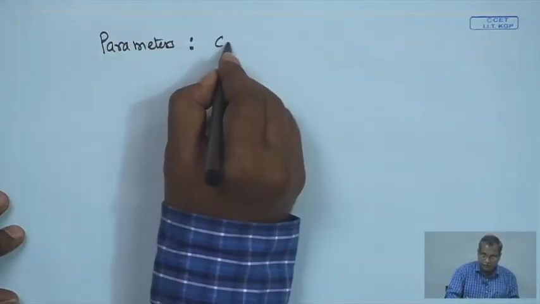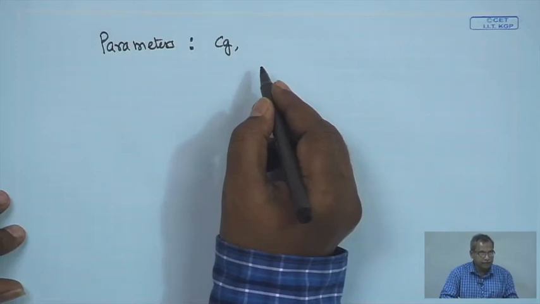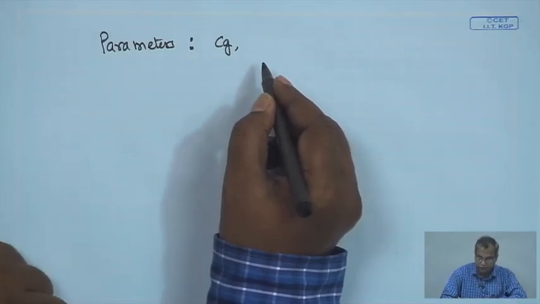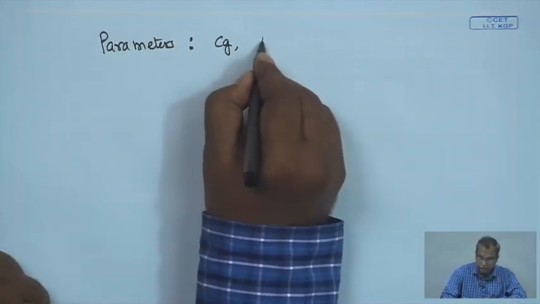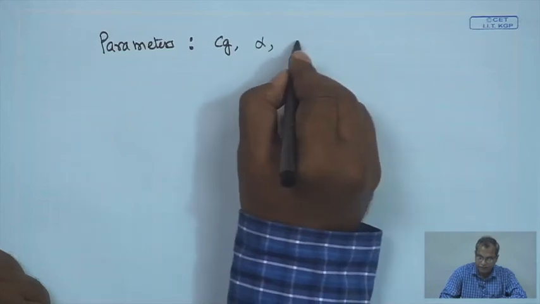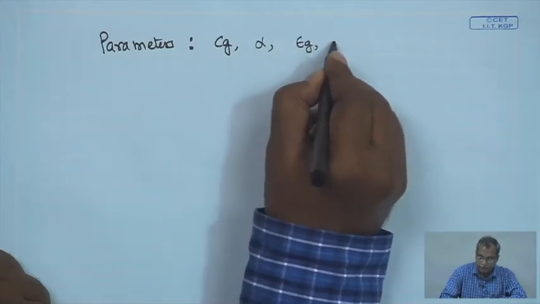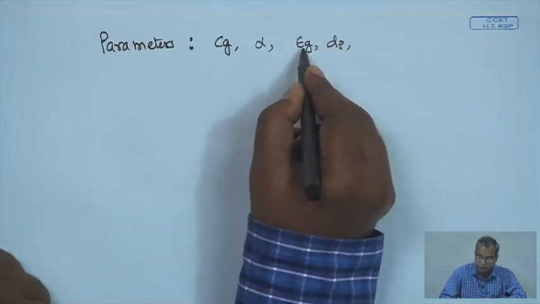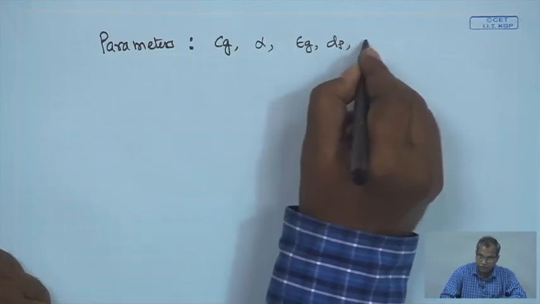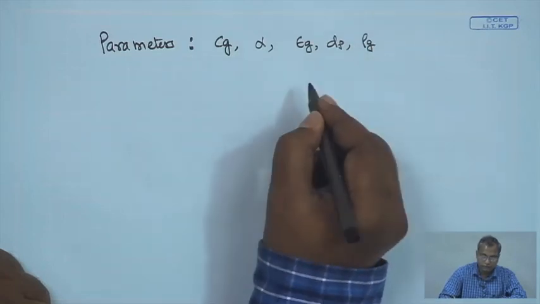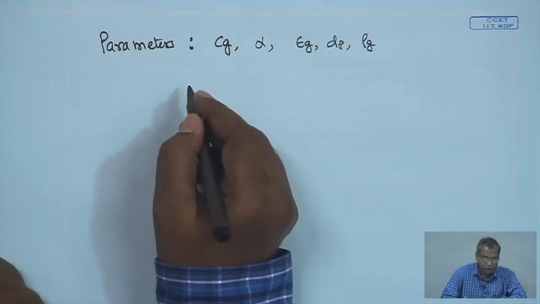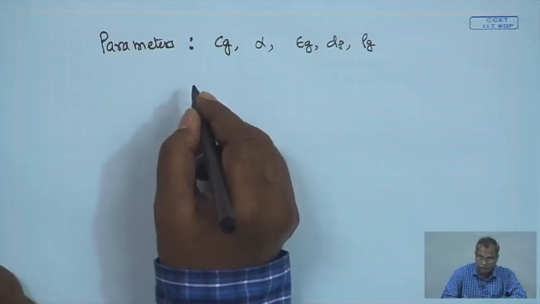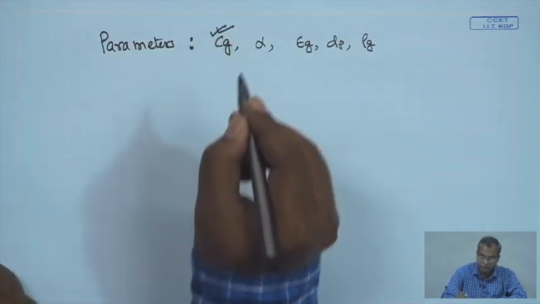One is the gel concentration, and we have already seen how it is estimated. Then there is the specific gel layer resistance alpha, epsilon g the gel porosity, dp the gel forming particle diameter, and rho g the gel layer density.